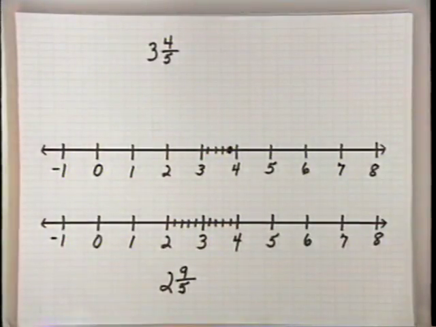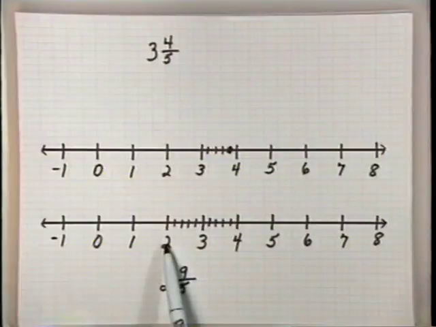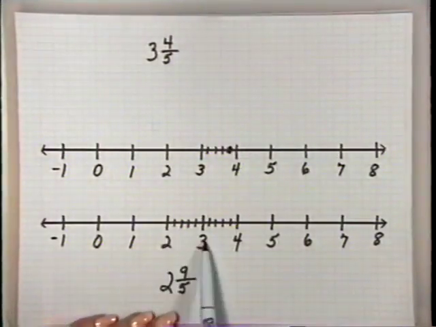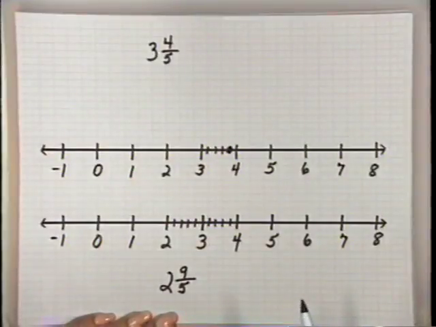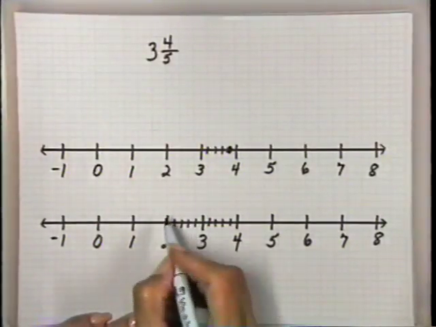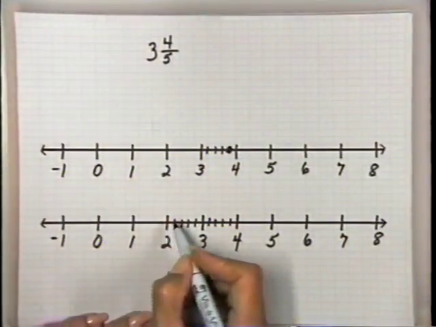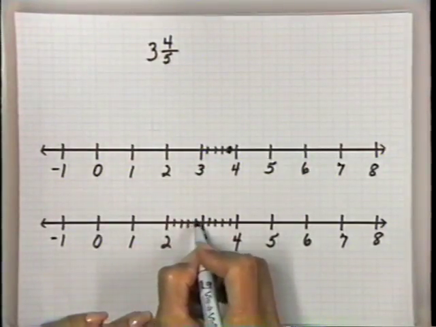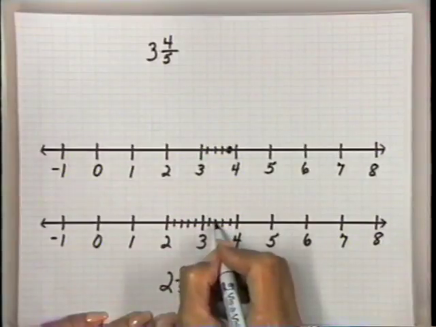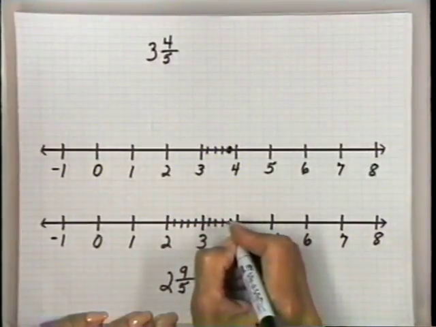Okay, so I have my intervals that measure a distance of 1 divided into equal units. Each of those units is a fifth, so I start at my 2, and then I need to move 9/5. 1, 2, 3, 4, 5, 6, 7, 8, 9.